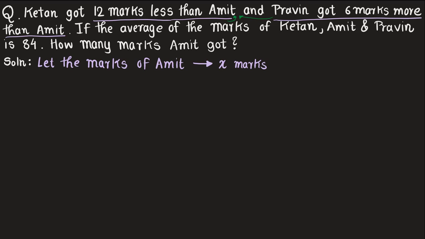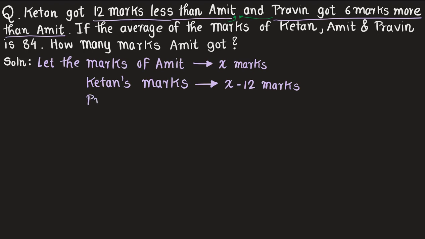So now we will find how much Ketan got. So Ketan's marks. Ketan has got 12 less than. So less than clearly indicates that it is subtraction. So x minus 12, it is less than. So Ketan has got x minus 12 marks.